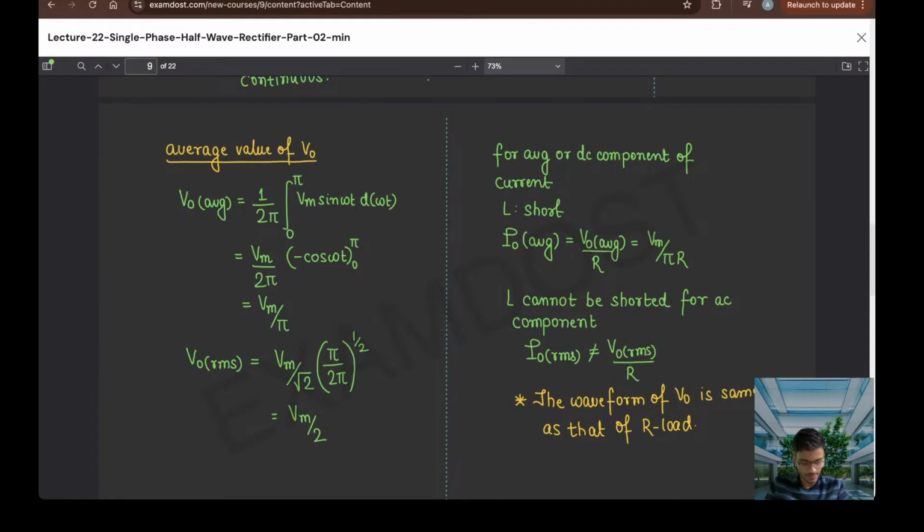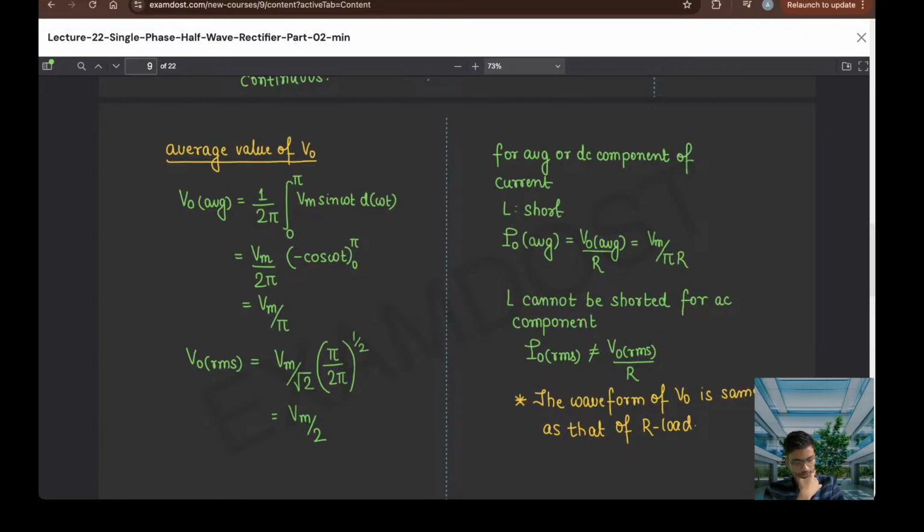Let me calculate V naught average. It would be 1 by 2 pi, and it is conducting from 0 to pi, so the integral from 0 to pi of Vm sin omega t d omega t.